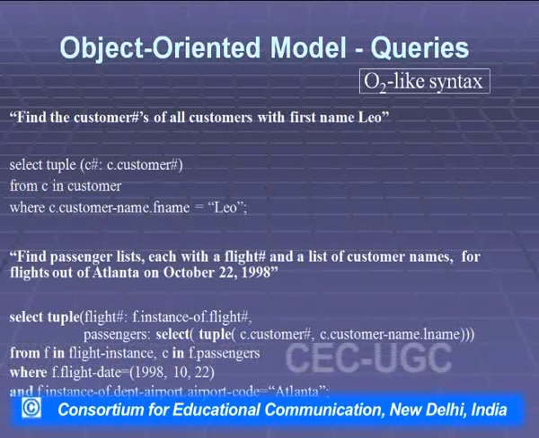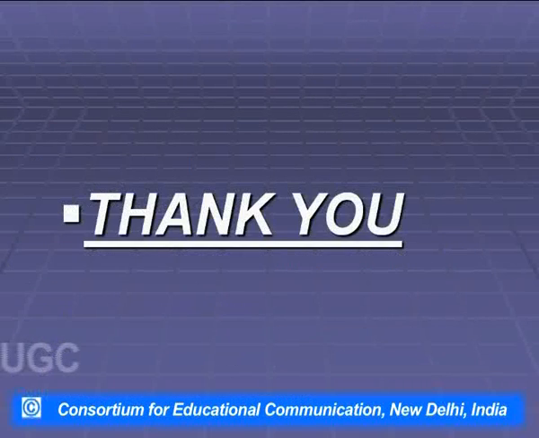So simply query: select tuple flight instance, passengers, select tuple C customer and customer name, first name, from flight instance, C in passengers, where the flight date is a particular date that has been defined, and you can see Atlanta and all airports.